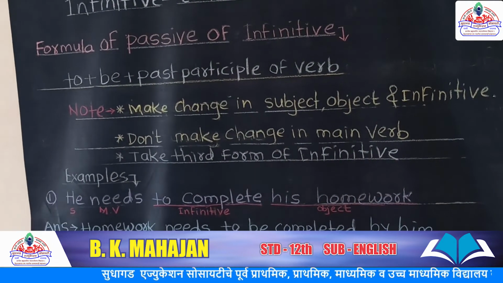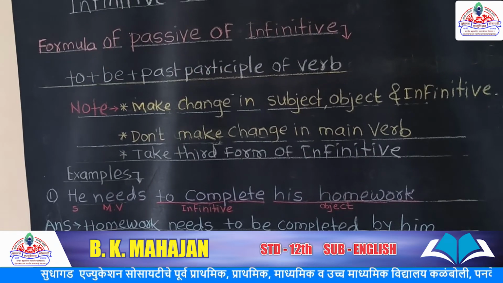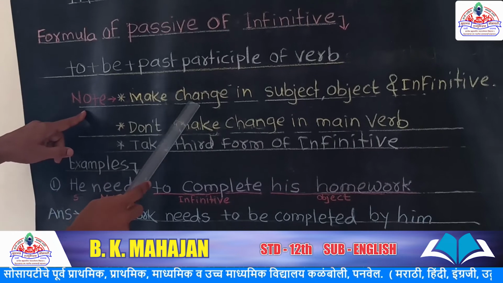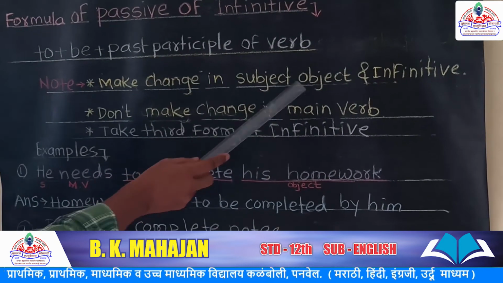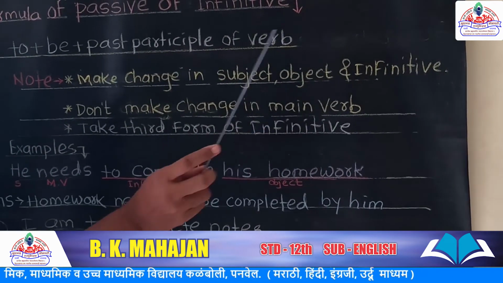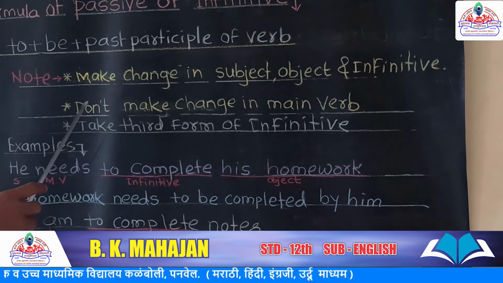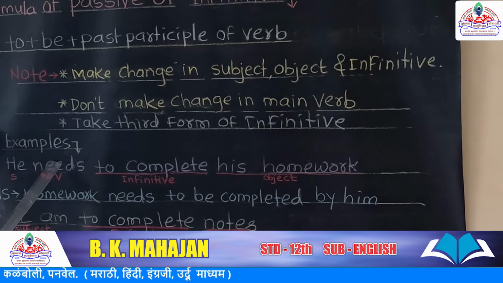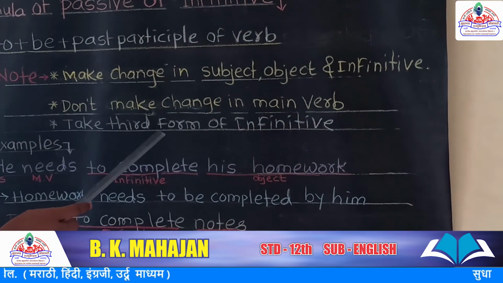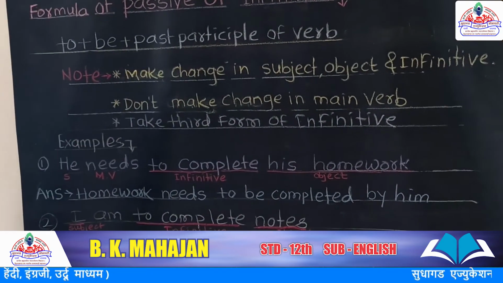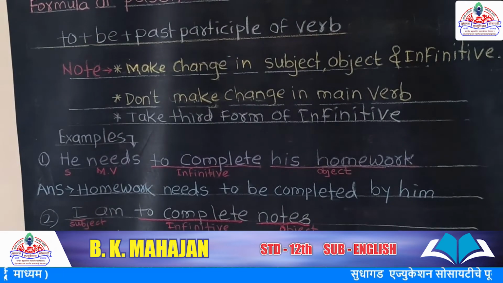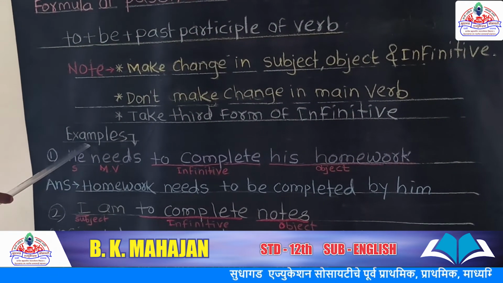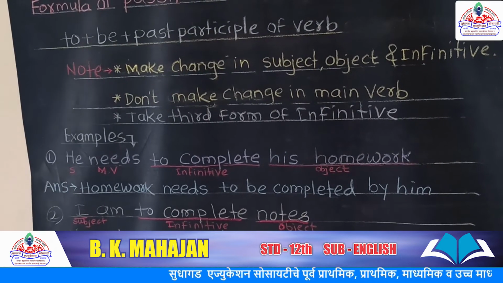But you should remember three things. First, make change in subject, object and infinitive only. Don't make any kind of change in main verb. Take the third form of infinitive of that sentence.